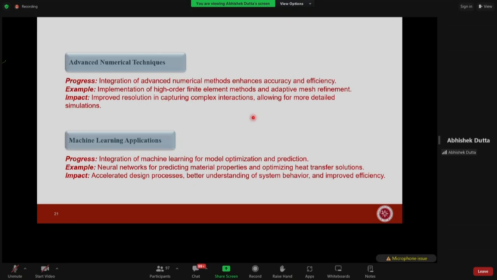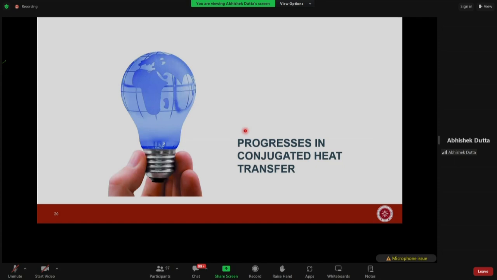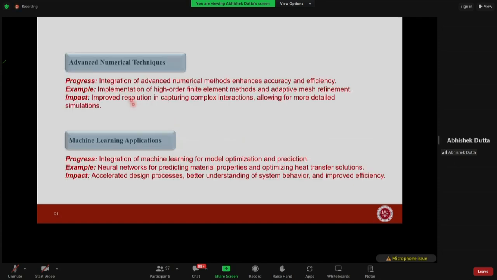Okay, so now we are going through the last things of this conjugated heat transfer problem presentation. There are some challenges involved and some progress has been made on the numerical techniques. I myself am working on a numerical method, as I have told you before, this pseudo-analytical method, which is actually a kind of higher-order numerical method that tries to improve the accuracy and efficiency of the solution.